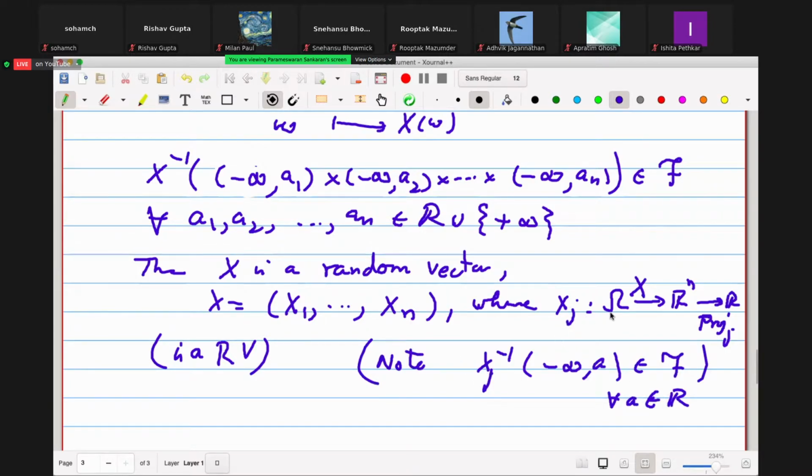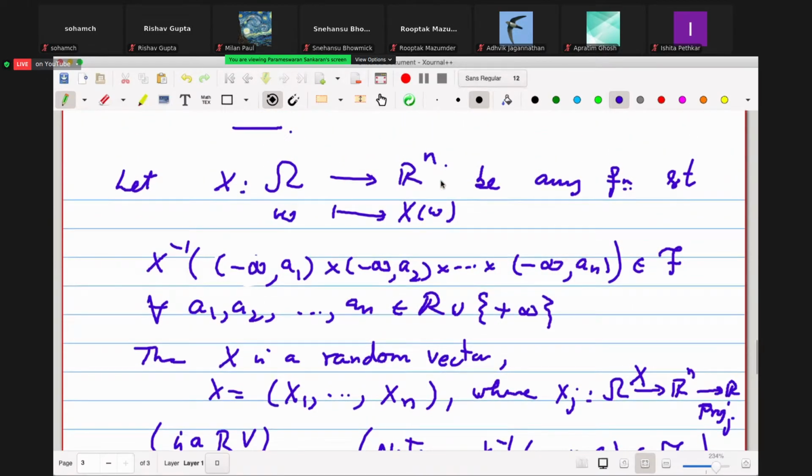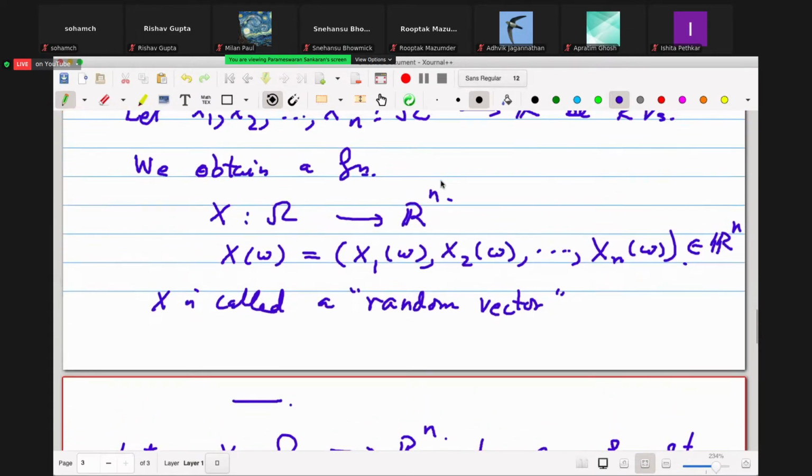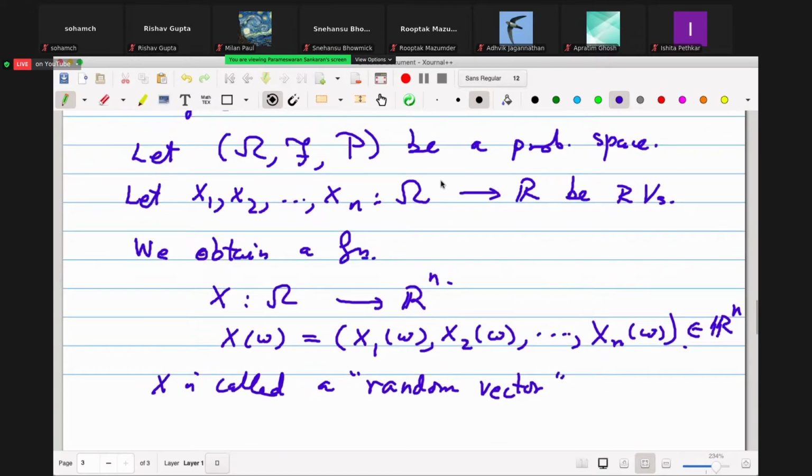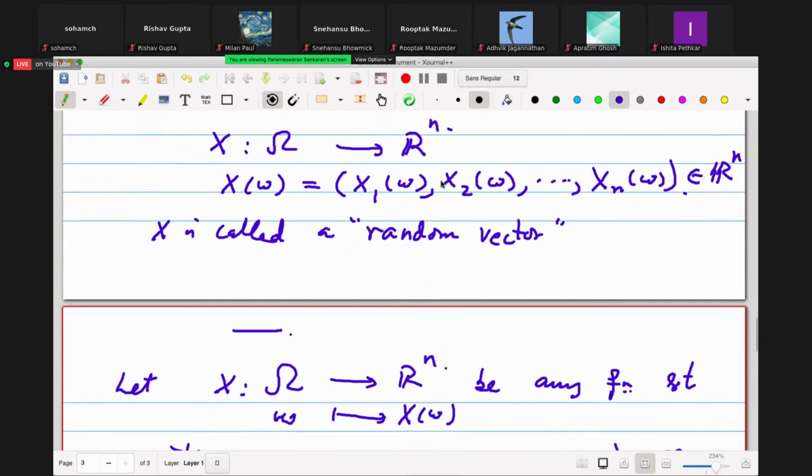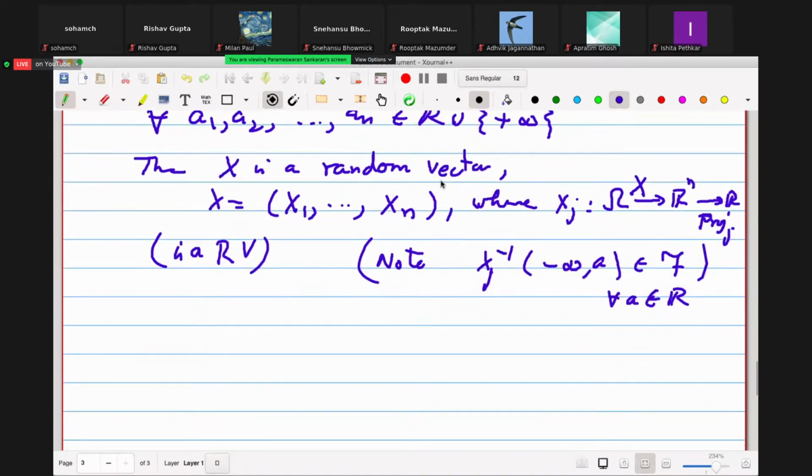Given any function, you compose with projection and get another function, and x is just these xj's, the coordinate functions. So x is equal to x1 blah blah blah xn. But these are random variables precisely because you assume this. This condition you don't need to check here; it's automatic because you are already told x1 to xn are random variables. Anyway, that's all I wanted to say.